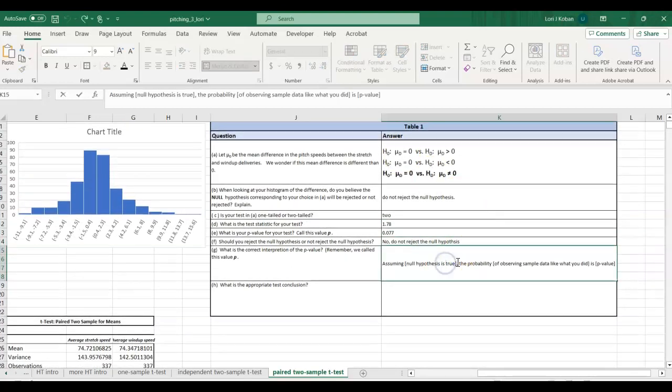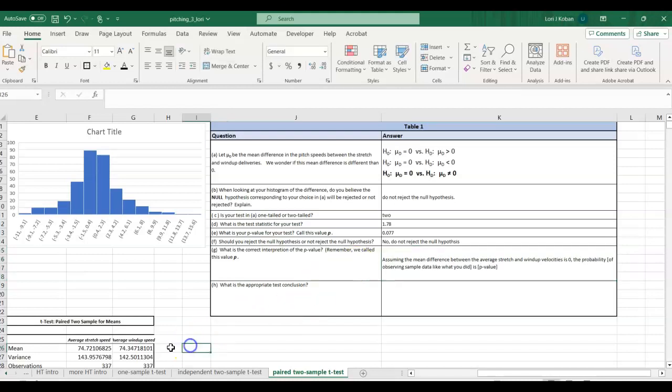So assuming the null hypothesis, the mean difference between the average stretch and windup velocities is 0. The probability, what did we observe? We observed a difference of 0.37 miles per hour. So the probability of seeing that or the other way, so that one of them exceeds the other by 0.37.